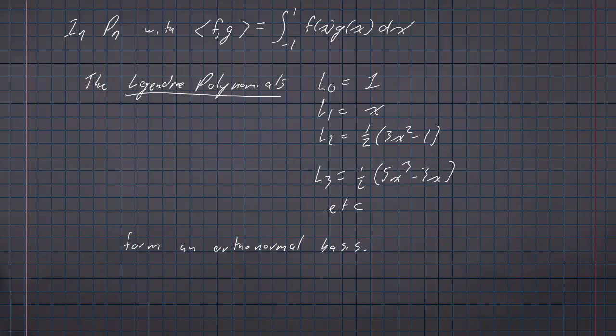The Legendre polynomials show up in a number of different applications. For the sake of time, I'm not going to go through how to derive them, but I like to mention them. One of the several different places they show up is that they do form an orthonormal basis for my polynomials of degree n. For any n, just make sure that you get enough of the Legendre polynomials, and you are, in fact, good to go.